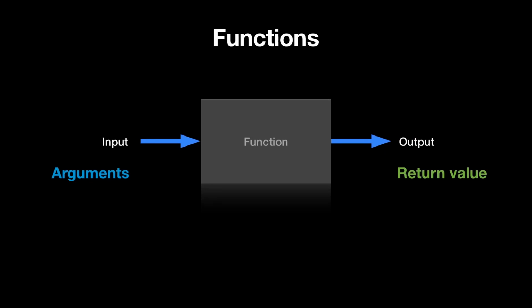So a function can take inputs and give outputs. The inputs are called arguments or parameters, and the output is return value. In the example, 2 and 3 are the inputs or the arguments, and the value returned is 5, which will be stored in the variable s.